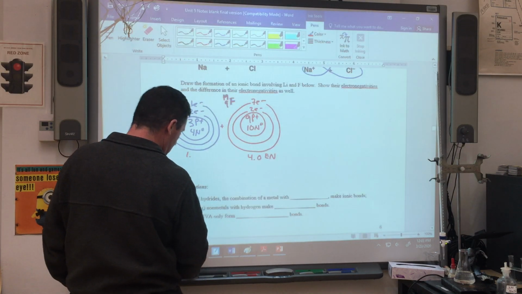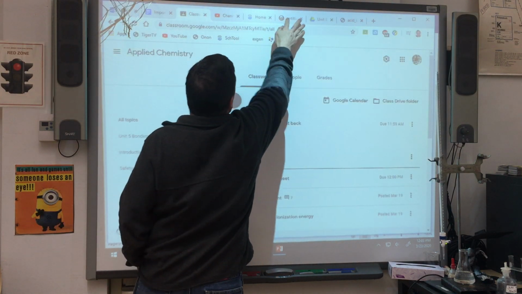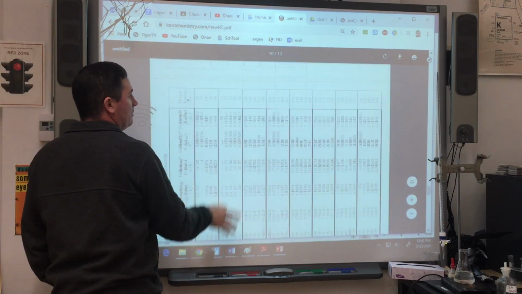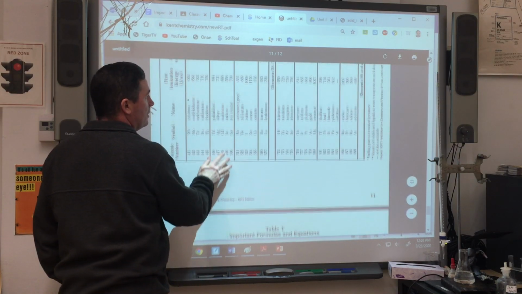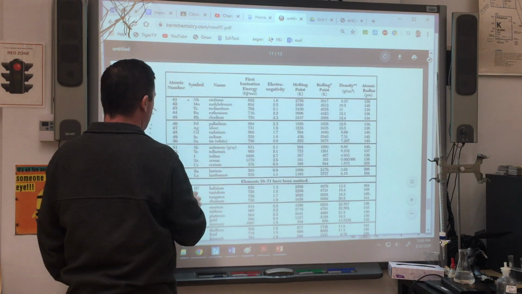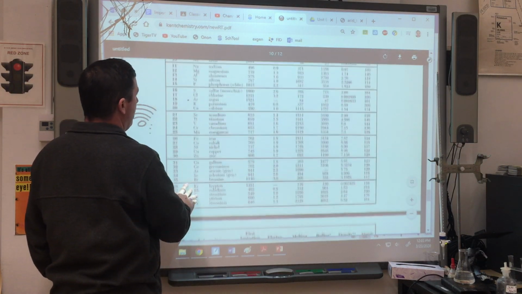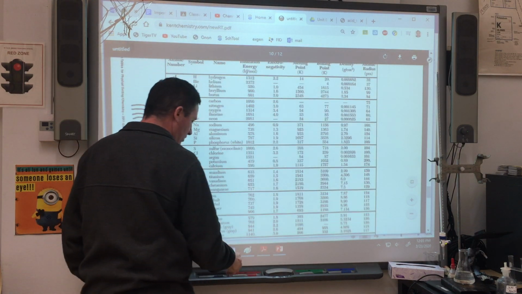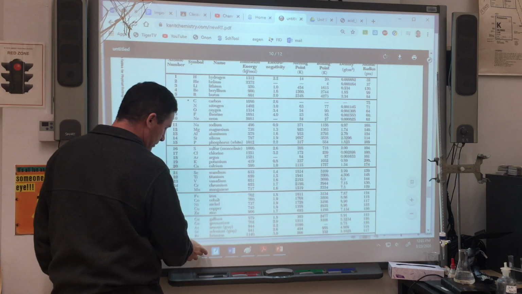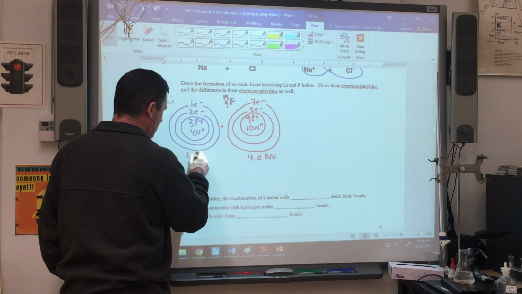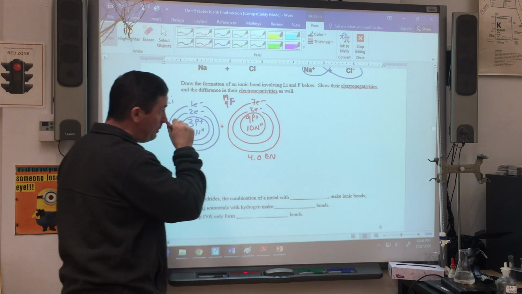Electronegativity of lithium. Lithium has 1.0. That's pretty low. So I was right. So the difference here is 3.0.